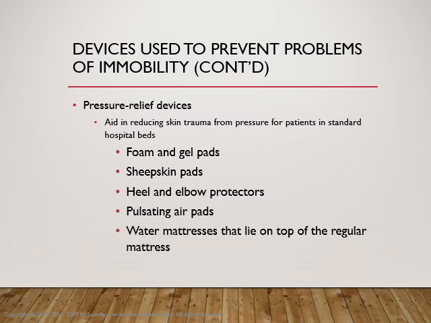Devices used to prevent problems of immobility continued. Pressure relief devices aid in reducing skin trauma from pressure for patients in standard hospital beds. Foam and gel pads, sheepskin pads, heel and elbow protectors, pulsating air pads, and water mattresses that lie on top of the regular mattress.